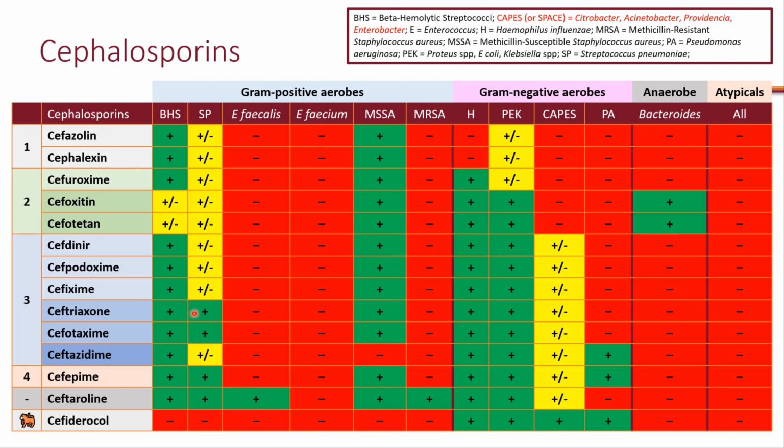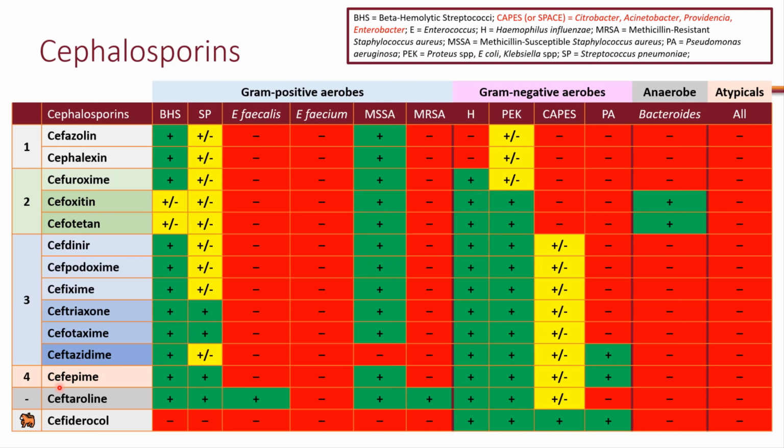So in general, somewhat good activity against gram-positive organisms. And then when you go to gram-negatives, in general, they have pretty good activity against gram-negative organisms, but they are not active against Pseudomonas except ceftazidime. So ceftazidime is the only member of the third generation cephalosporins which has activity against Pseudomonas aeruginosa, and it has a very good activity, ceftazidime.